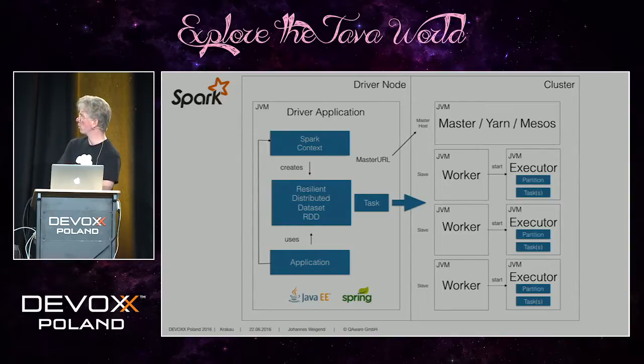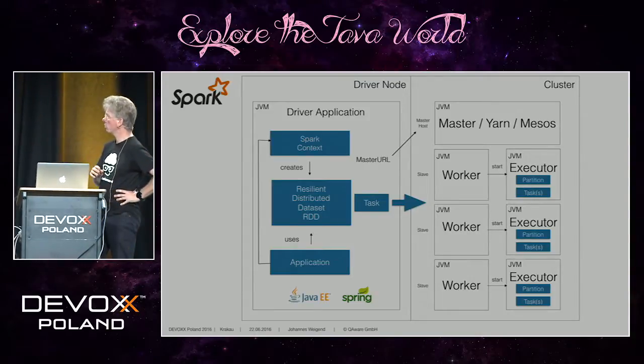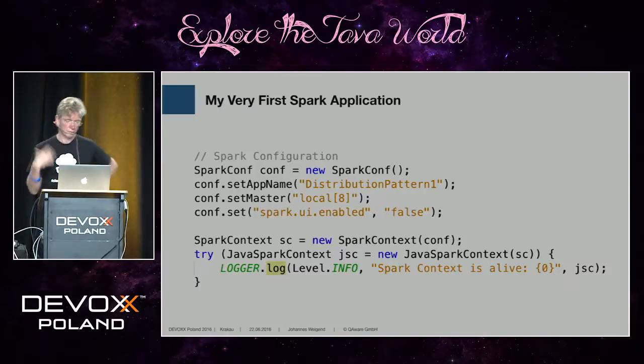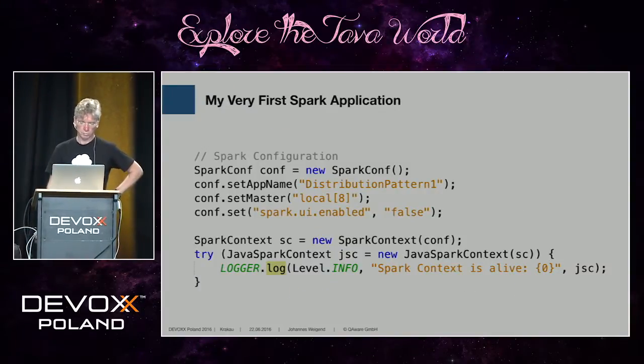Access the cluster by using a Spark context, using the RDDs, which is a distributed collection, and calling operations on the RDD in a functional style, and this transmits tasks to the executor JVMs on the slave nodes, which are started by a worker process.